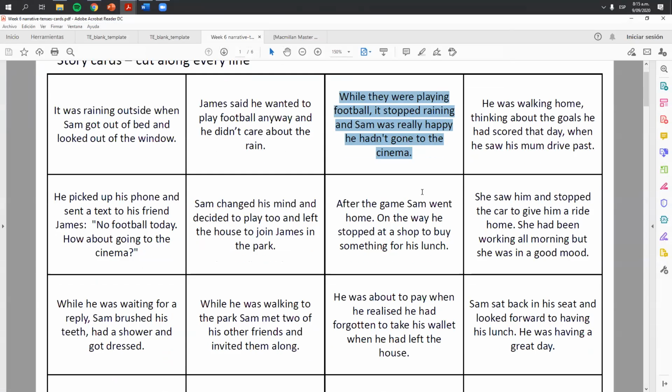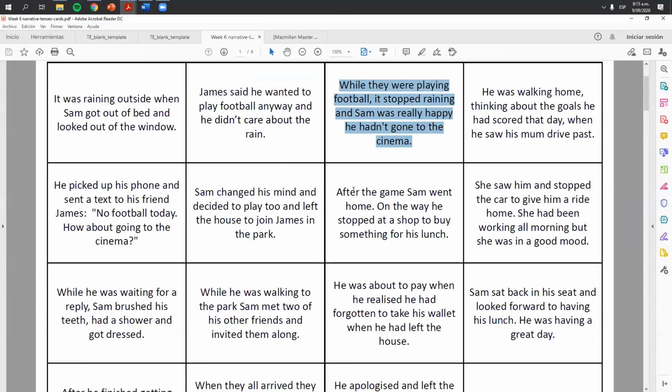Okay, guys, the next one, which is this. I would like, please, Santiago, would you help us with this one, please? Yeah. After the game, Sam went home. On the way, he stopped at a shop to buy something for his lunch. Okay, great. That was quite simple.